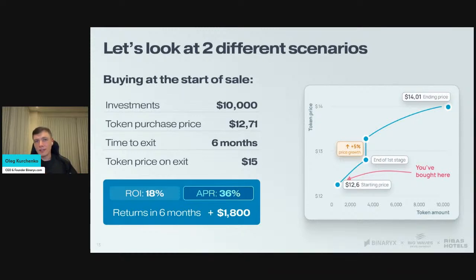I can explain how it works with two different scenarios: people investing in the beginning and people investing at the end.